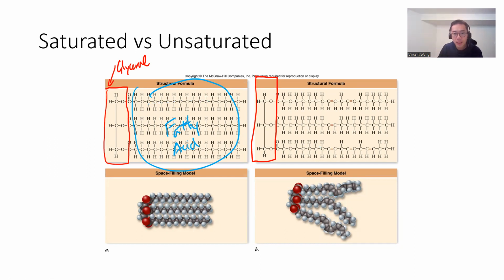Over here, we have double bonds for all of the tails, so sometimes they are called unsaturated, as opposed to just one tail or two tails being unsaturated. You can see there is a kink here, a kink, and a kink. Every time you have a kink, a bend, it's because of the double bond. So saturated on the left, unsaturated on the right, and the unsaturated one is the relatively healthier choice.